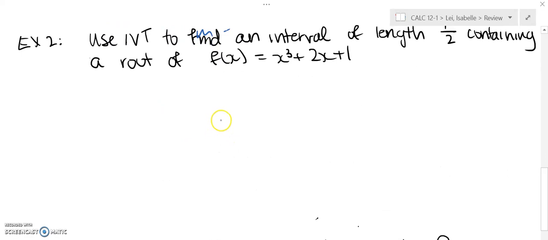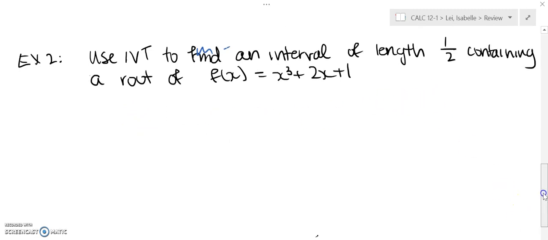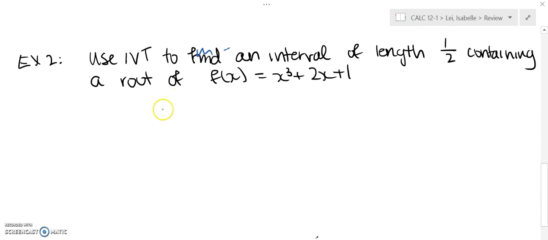So the second example is use IVT to find an interval of length a half containing a root of f of x, where f of x is x cubed plus 2x plus 1.